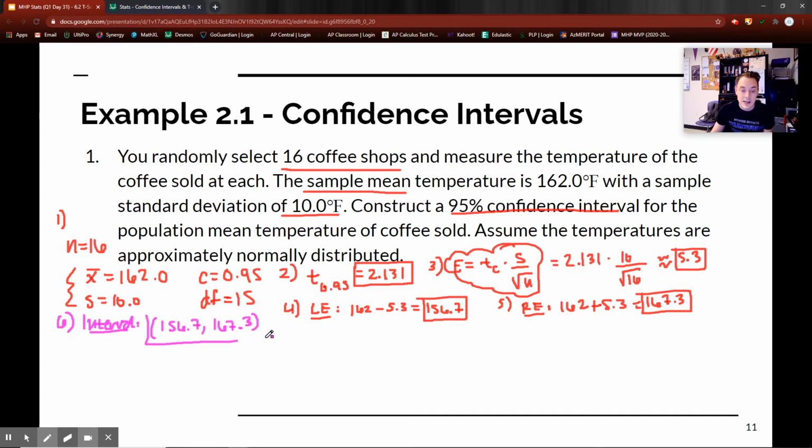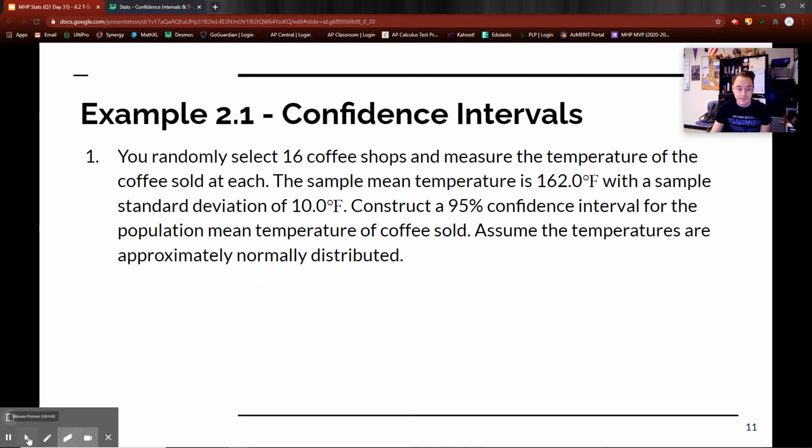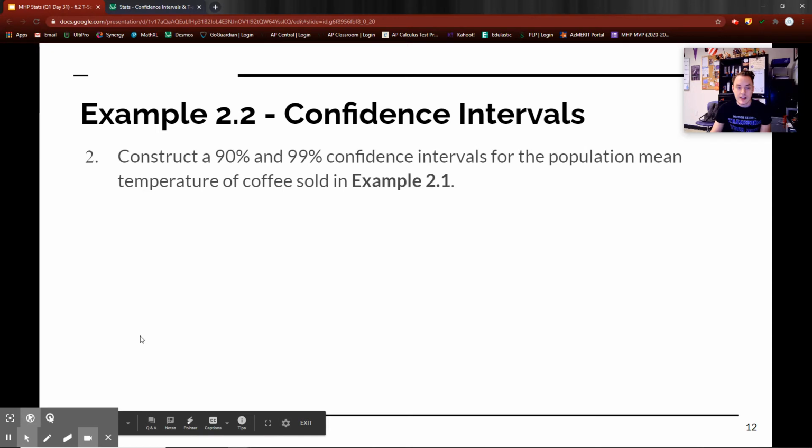I can be 95% confident, even though I don't know my population standard deviation, that the population mean temperature of coffee sold will be between 156 and 167. And that's pretty cool, right? And so that's how you do it, completely by hand. All right, I'm going to erase this, and let's get into the next example.